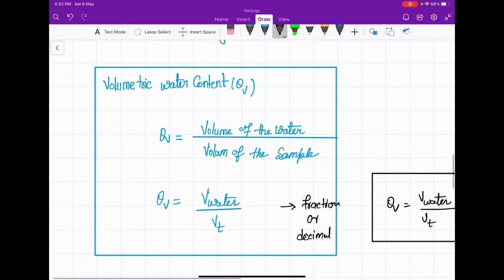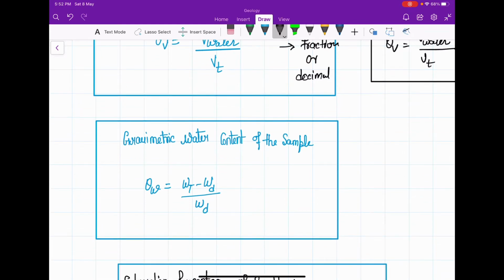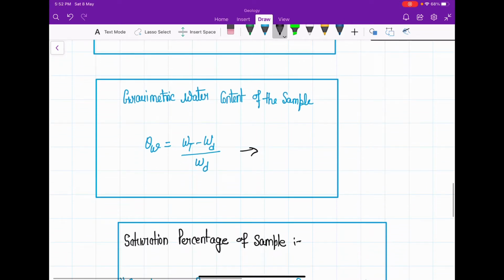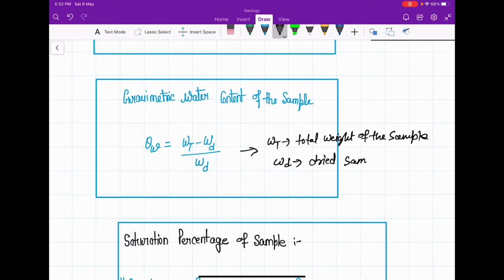Next is gravimetric water content. Gravimetric means here related to weight. This is the ratio of the weight of water divided by the weight of the sample. Here Wt is the total weight of the sample, and Wd is the total weight of the dried sample, which means without water.